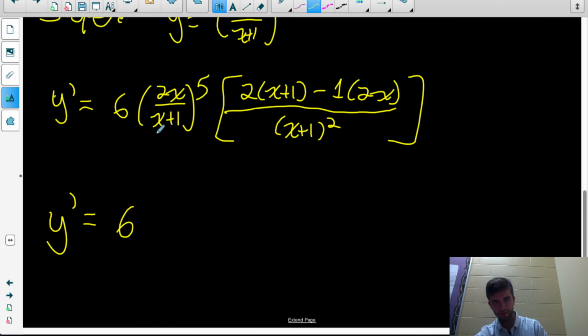So we have 6, and then this power of 5 goes on the 2x and the x plus 1. So 2x to the power of 5, well, 2 to the power of 5, 2, 4, 8, 16, 32.